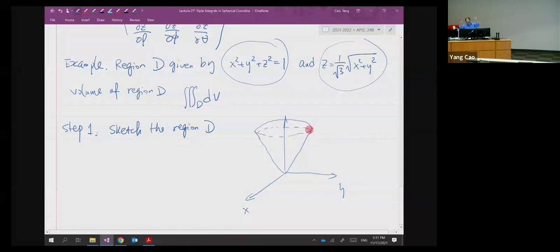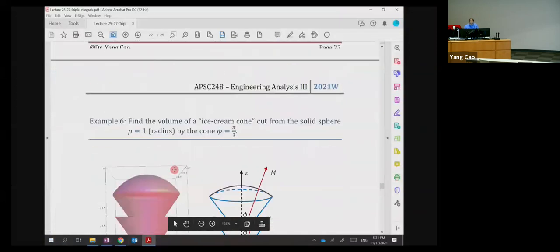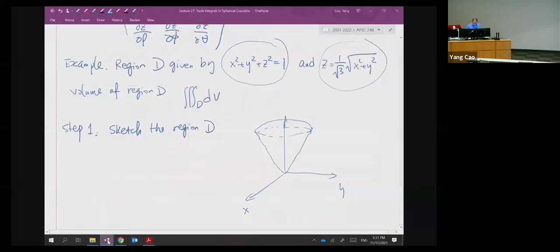And then what's between is the region D. Now this really looks like an ice cream cone, right? On top of this cone you have certain ice creams. So that's what this region looks like. Okay, a better computer drawing will show you something like that. And we're looking for the volume of this region D. Good. Okay, that's your first step.